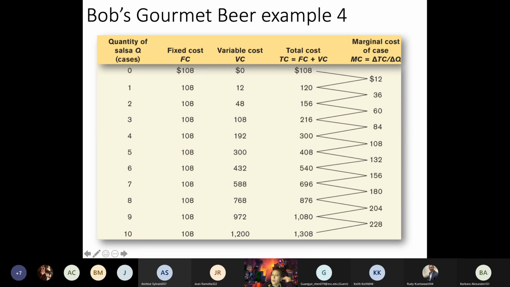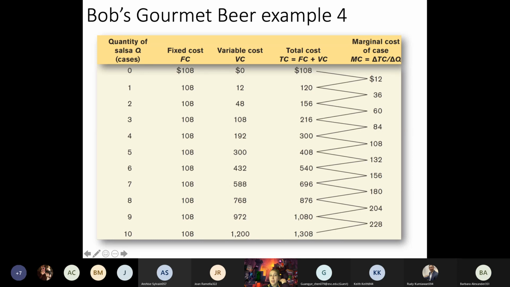So now we can compute total cost of production by summing up fixed cost and variable cost. So total cost, that's all we know, that's all we care about. Knowing the quantity and knowing the total cost, we can now compute marginal cost per case.